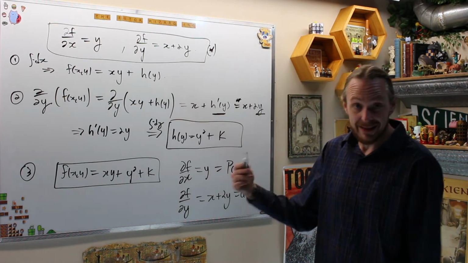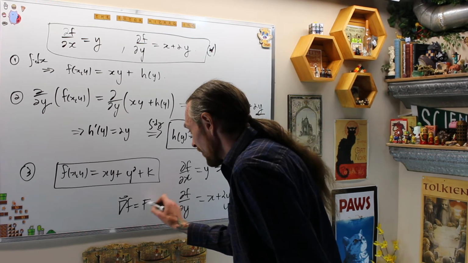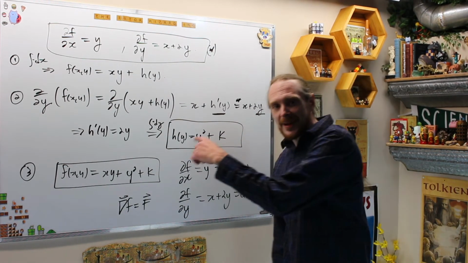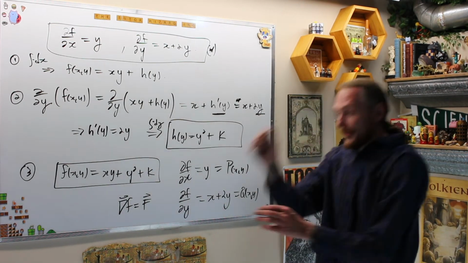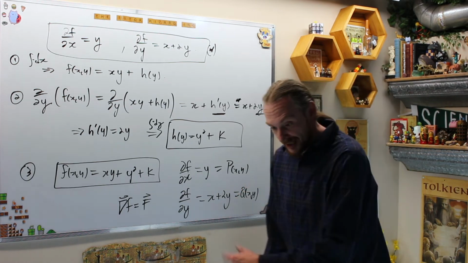So you have an immediate check. That means that the gradient of f is equal to big F. Everyone's like, yay, we're done. It's like, no, now we're going to use this information to actually compute the line integral using the fundamental theorem of line integrals.